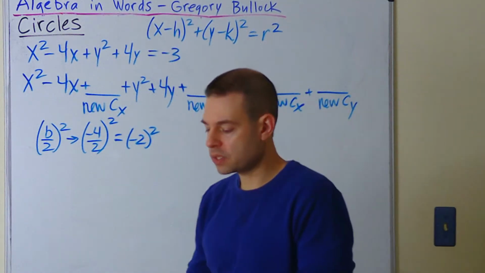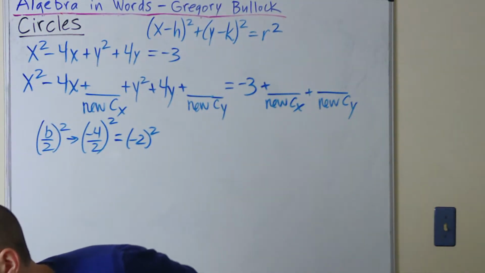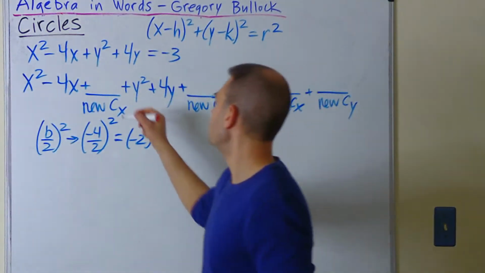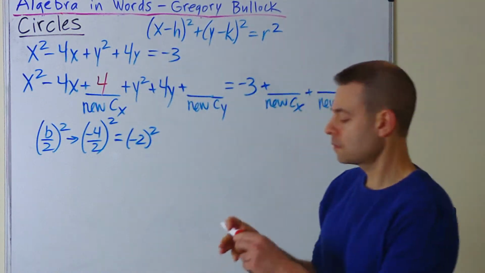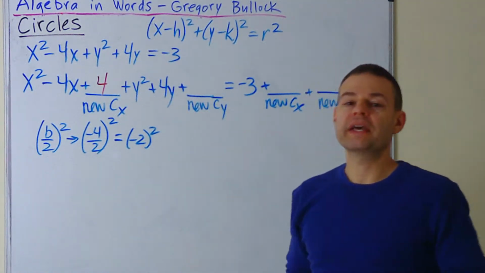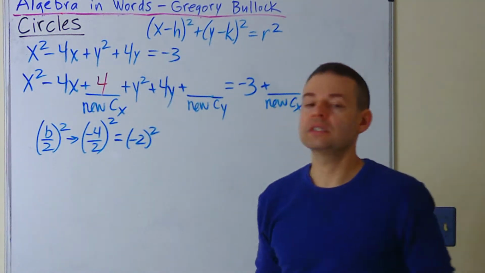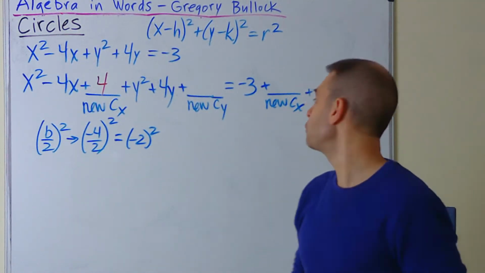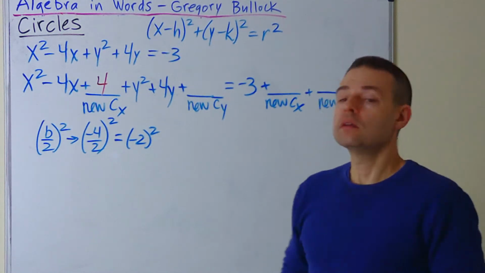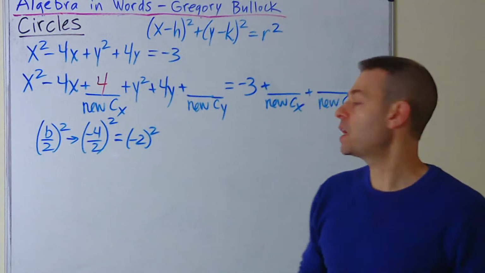And just so that we can tell the difference of the numbers, let me change colors, and we're going to put 4 here. Coincidentally, when we're looking at the y's, in this case, this b is positive 4y. It's going to turn out to be the same, but let's go through the steps anyway.